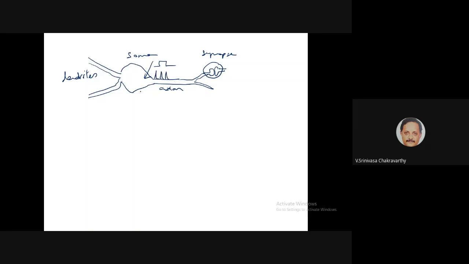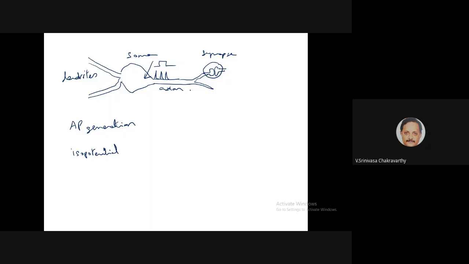So now we want to describe this mathematically. We won't be describing the whole neuron and all this detailed processing right away. We look at only one essential part of it, the most important part, which is generation of action potentials. For that, we make what is called the isopotential assumption.